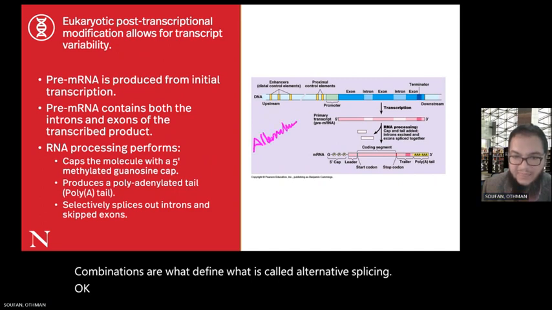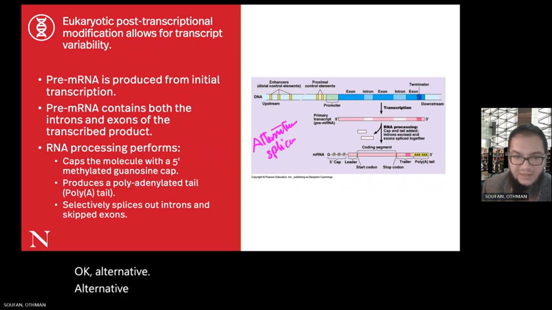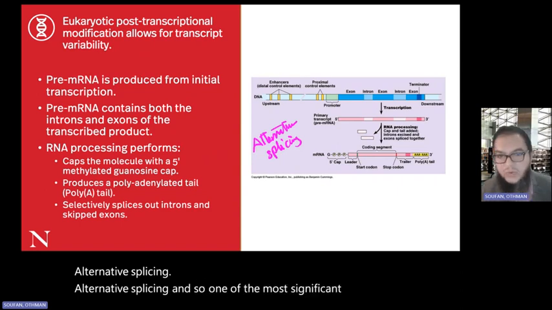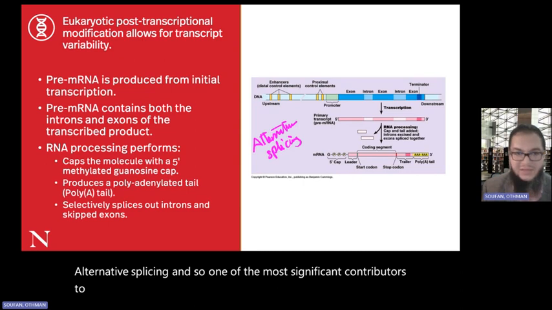Alternative splicing is one of the most significant contributors to transcript variability.